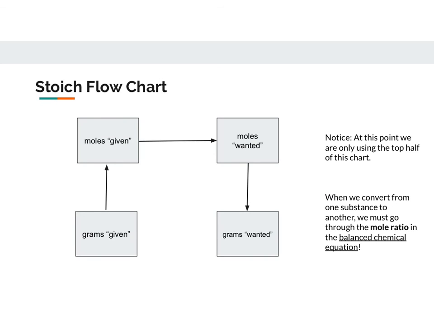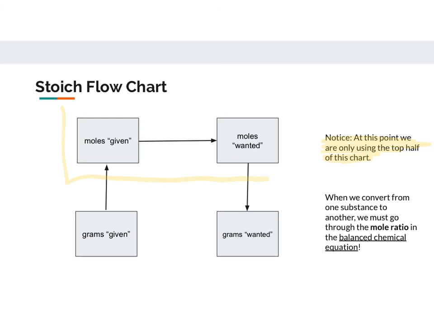All right, so this is something that I have found very helpful for students as we work through stoichiometry problems. This is a stoichiometry flowchart, and basically it's like a finger pointy chart where you put your finger on where you're starting, and then you put your finger on where you want to go, and you got to figure out how to get there. All right, so at this point, we are only using the top half of this chart. So for our lesson for today, we went from moles of given to moles of wanted.